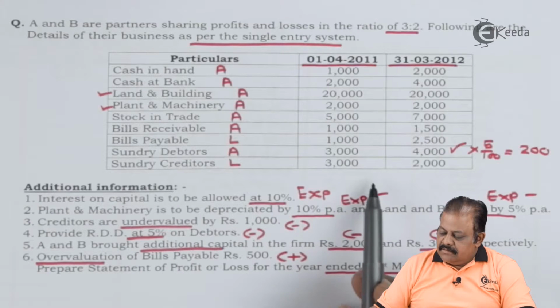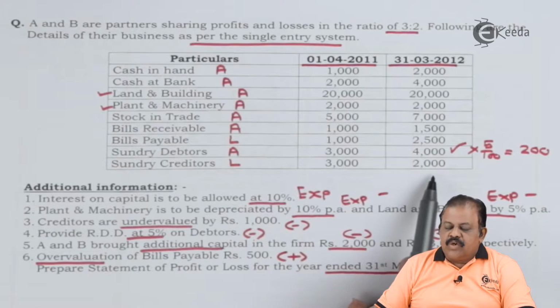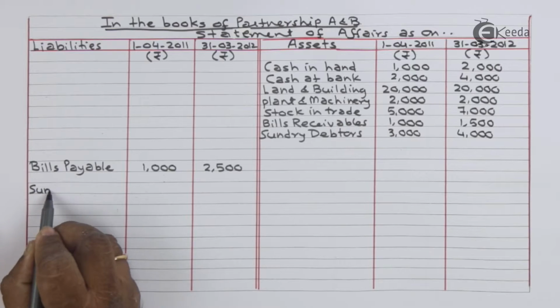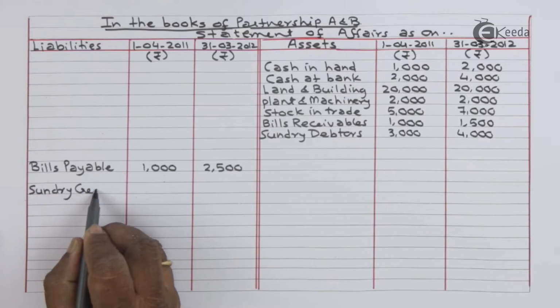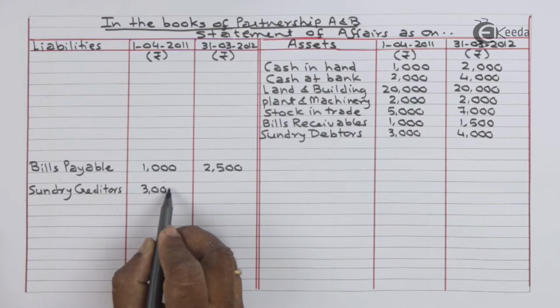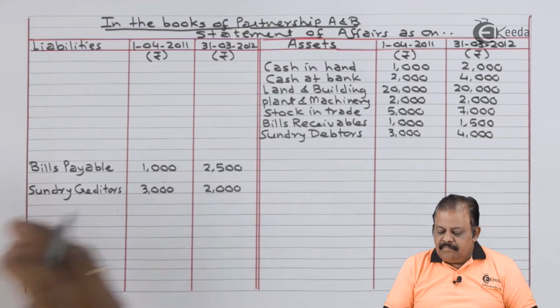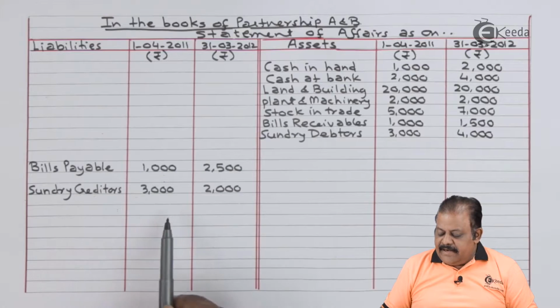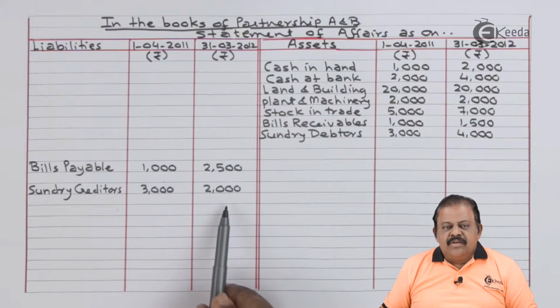Sundry creditors, opening 3,000, closing 2,000.